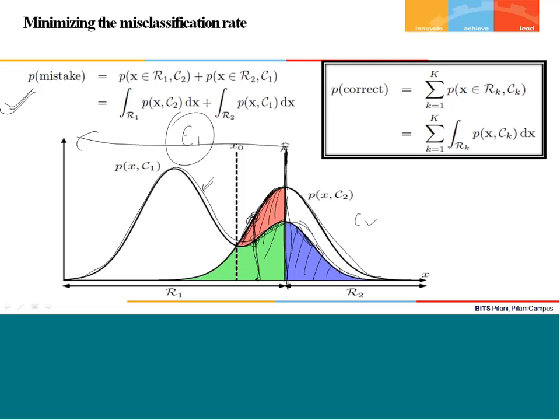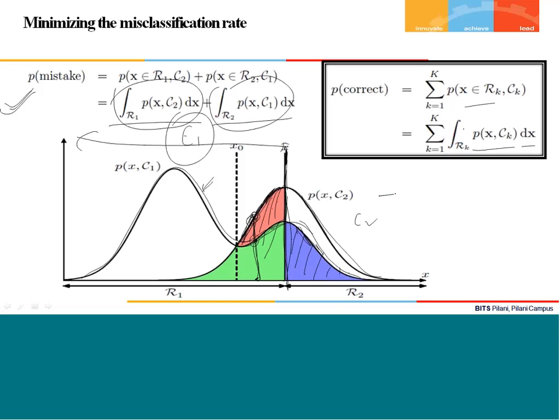So I want to minimize this risk. When I want to minimize this risk, I have to minimize this given area. And minimizing this area is nothing but maximizing the correctness. In dual form, if I want to maximize it, this is given here.